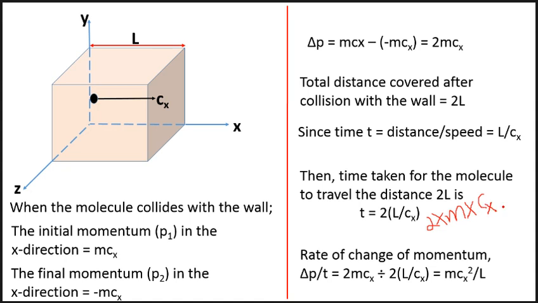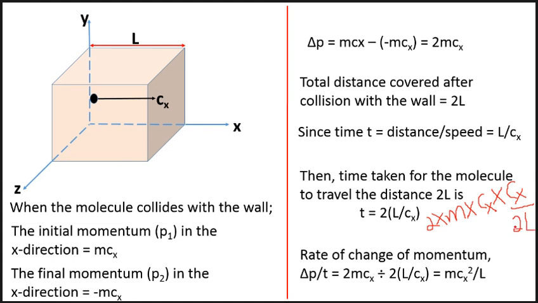Cx. And see this division, if I change it to multiplication, then it becomes multiply by Cx will go up. So that becomes Cx all over 2L. If I open up the bracket, 2L. So that becomes the denominator right there.